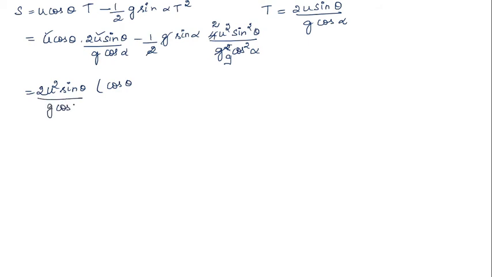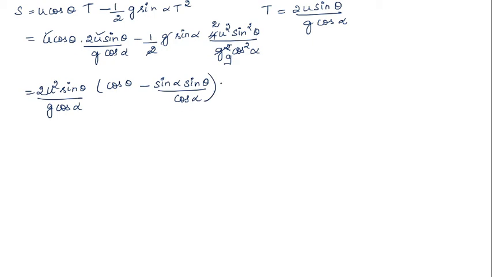So g cos alpha, so cos theta minus sine alpha, and I have taken only one sine theta outside, so there is another sine theta, divided by cos squared alpha, so one cos alpha is inside.